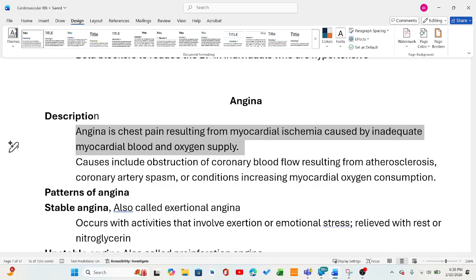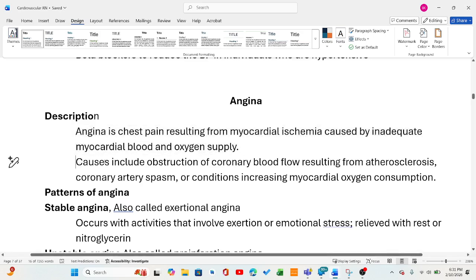Now, in this case, there is no complete blockage, so we don't expect myocardial cells to die. And therefore, troponin levels will never go up in case of angina. Because of the narrowing, we need to dilate. So anything that is going to dilate the blood vessels or the coronary arteries would be a very good option to help control this.